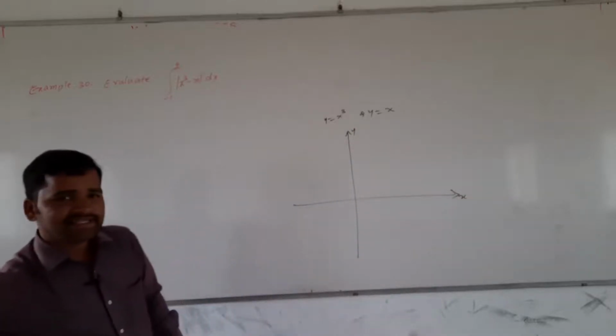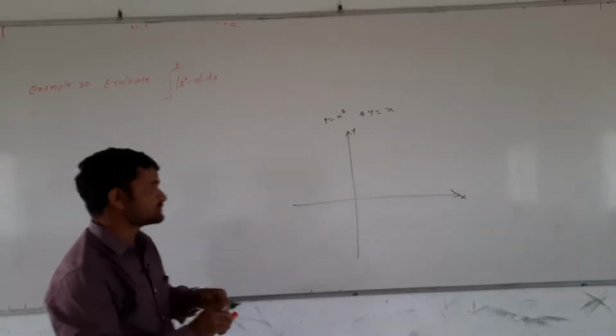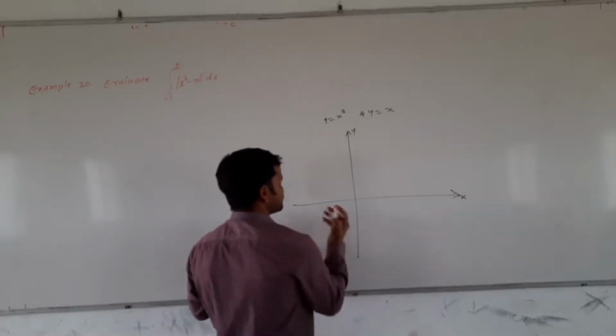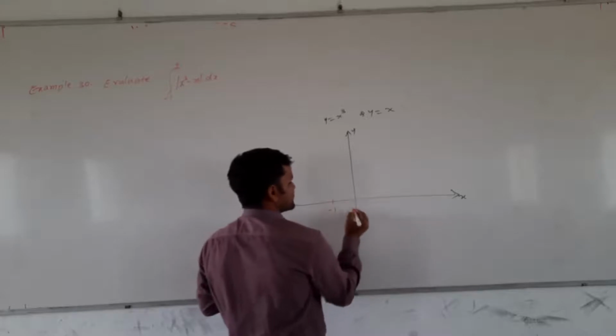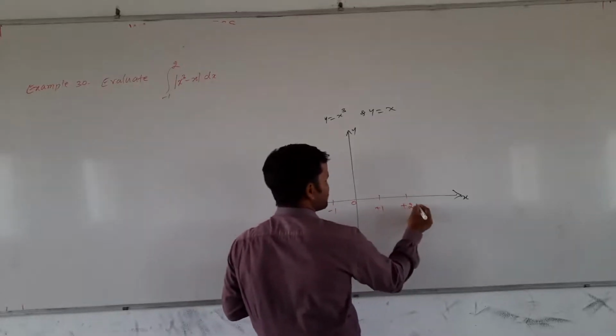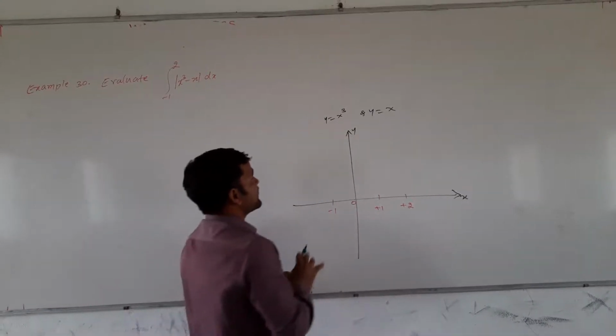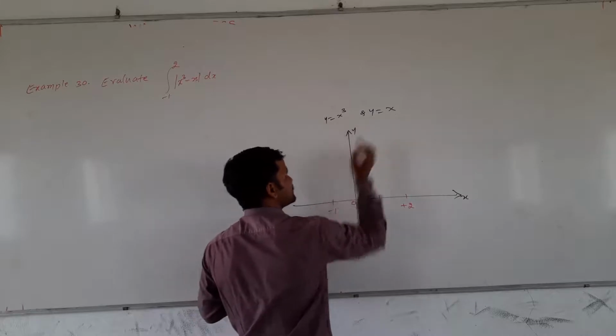I want only the range -1 to 2. So -1 to 2 means somewhere here -1, this is 0, this is +1, here it is +2. Now I am drawing the graph of y is equal to x.